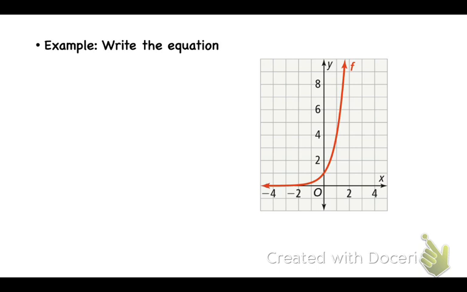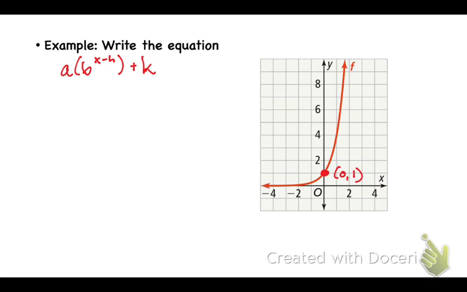Okay. Writing an equation. So we need to write an equation. So it was a times b to the x minus h plus k. So we need to know where the vertex is, or that anchor point, which is 0, 1, isn't it?